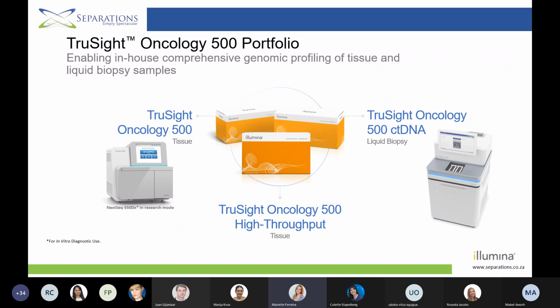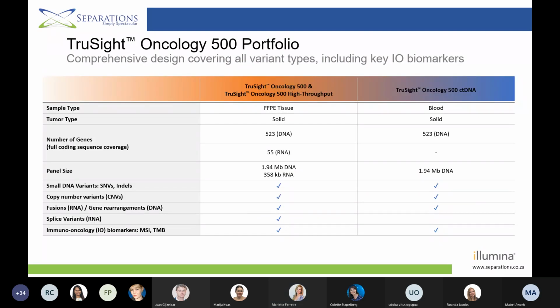It supports identification of all relevant DNA and RNA variants implicated in various tumor types. So this slide just highlights the completeness of the assay in terms of content, showcasing that it includes DNA and RNA variants, as well as tumor mutational burden and microsatellite instability.